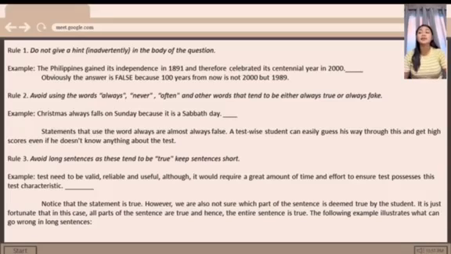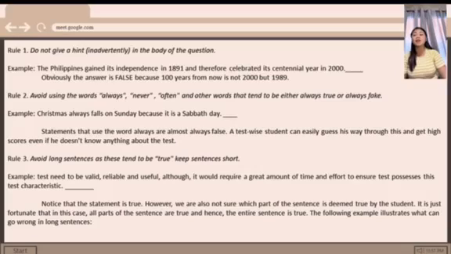Rule number 3. Avoid long sentences, as these tend to be true. Keep sentences short. For example, tests need to be valid, reliable, and useful, although it would require a great amount of time and effort to ensure tests possess these characteristics. Notice that the statement is true; however, they are not sure which part of the sentence is deemed true by the student.